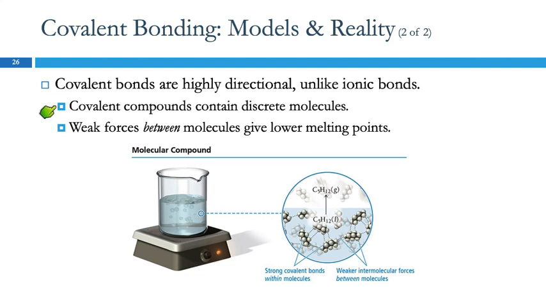Okay, so unlike ionic compounds, covalent compounds have discrete molecules. They have these individual molecules. Well, what holds the molecules together? Not covalent bonds, but there are some intermolecular forces that we will look at later, but those are much weaker than bonds. And so because those weak forces between the molecules are all that's holding them together, covalent compounds tend to have lower melting points than ionic compounds.